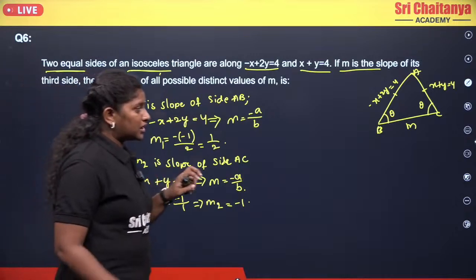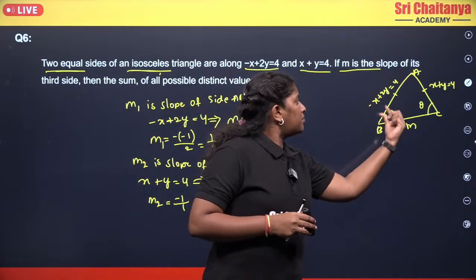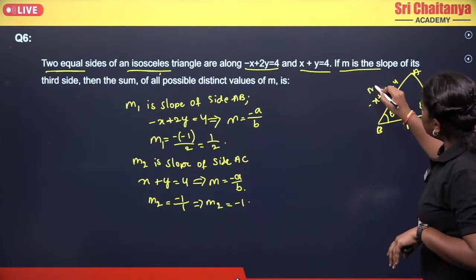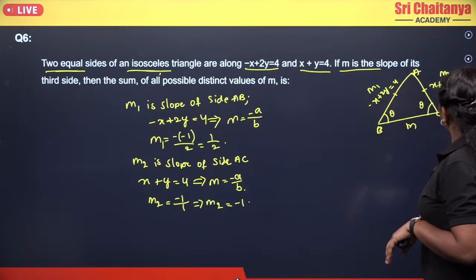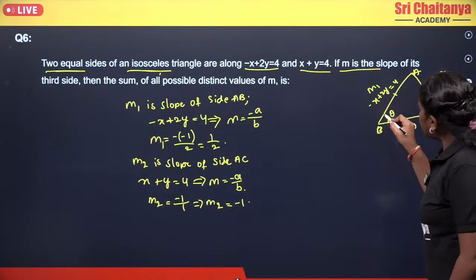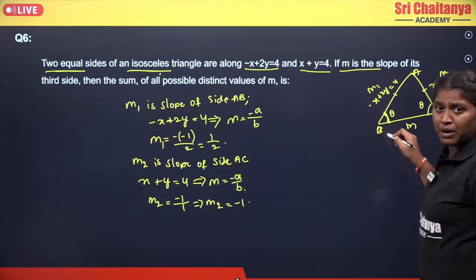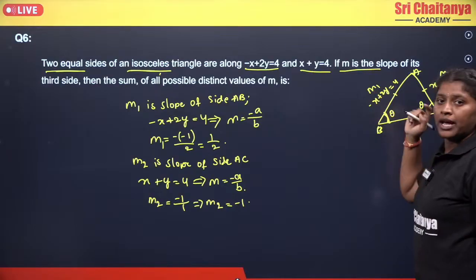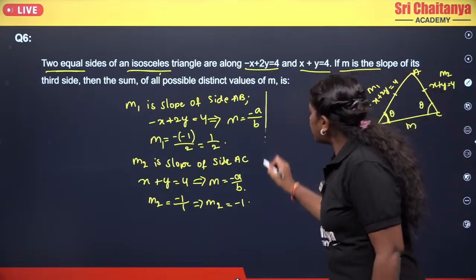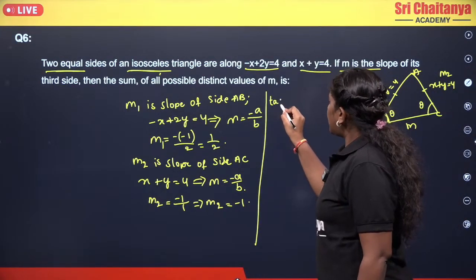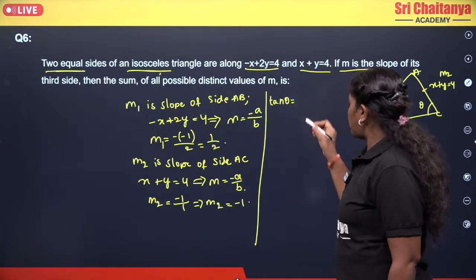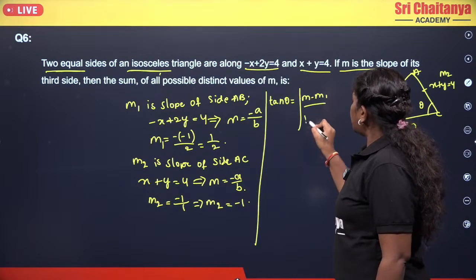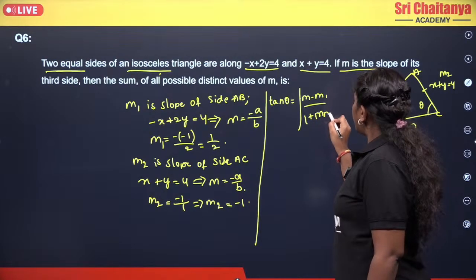Now if you observe clearly, I have tan theta between m and m1. This is my m1 and this is my m2. The angle theta is between the side having slope m and the side having slope m1. So now we can write tan theta equals, applying the formula, modulus of m minus m1 by 1 plus m into m1.